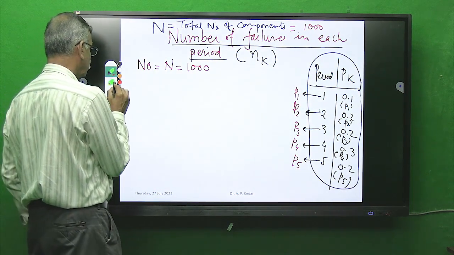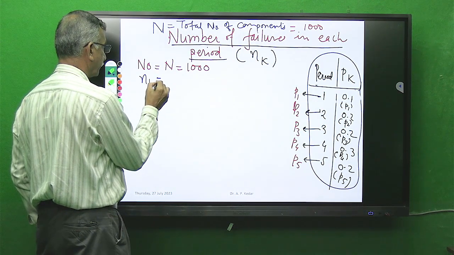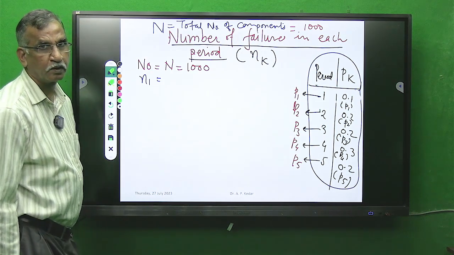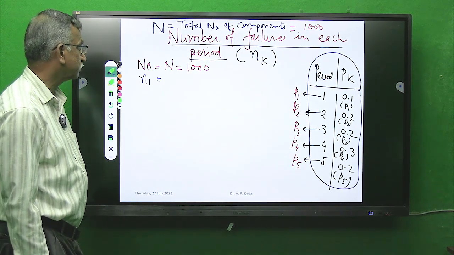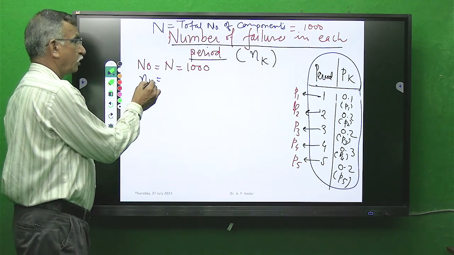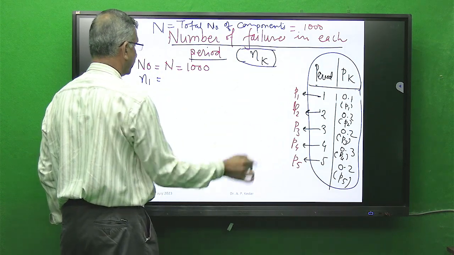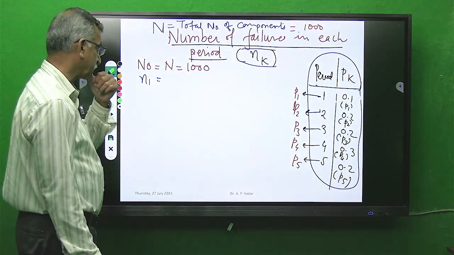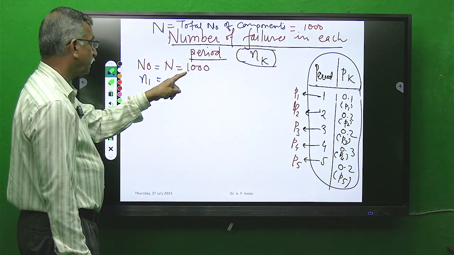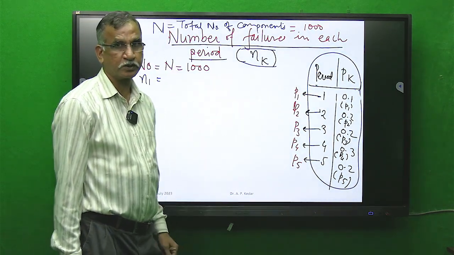Now I want to evaluate N1. I want to evaluate N1. Number of failures. What I am calculating is these all number of failures N. See here we are writing NK. N1 number of failures. See, total number of components are N0. Of that, what is the probability of failure? 10%.